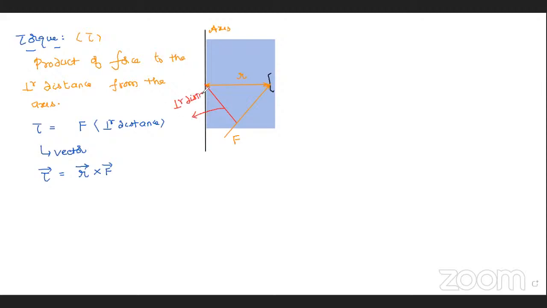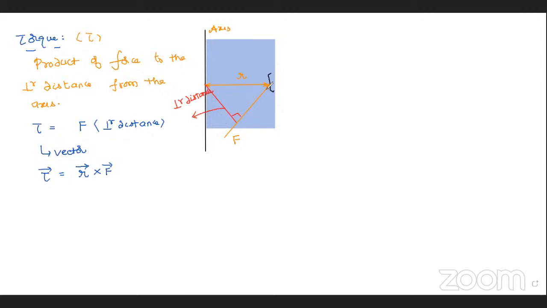So take care. Where the line of action of force and the given R are perpendicular, happily we take the product of those two. If the line of action of force makes some angle with the R from the axis, then we have to take the perpendicular distance here like this, in red color separately. It is the perpendicular distance.